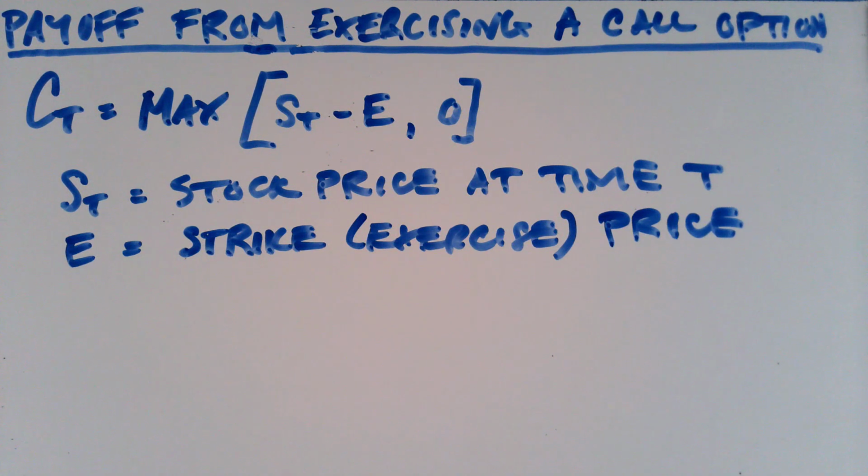But it also means that you are closer to being in the money if your exercise price is lower. And so as someone who owns a call, you would like for the stock price to be as high as possible and the strike price or exercise price to be as low as possible.